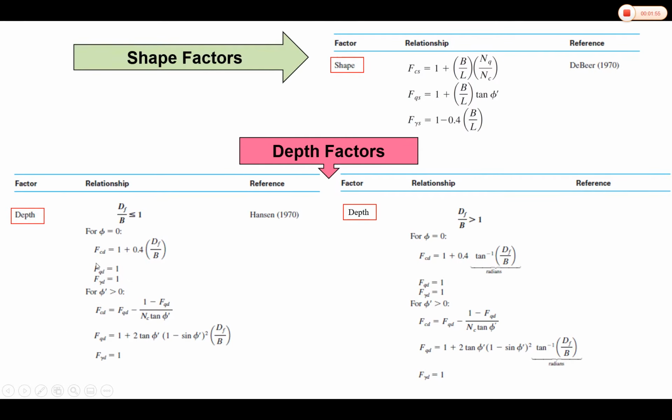So in this Meyerhof equation, there is the shape factor, the relationship between the size of B and L. And also you can see the depth factor here in two different conditions: if dF over B is less than or equal to 1, or the condition dF over B more than 1.